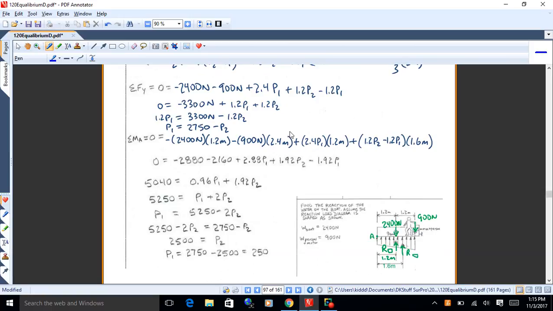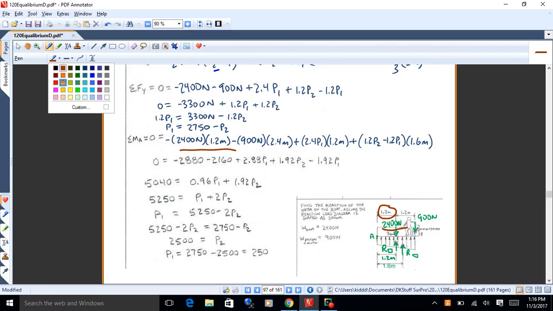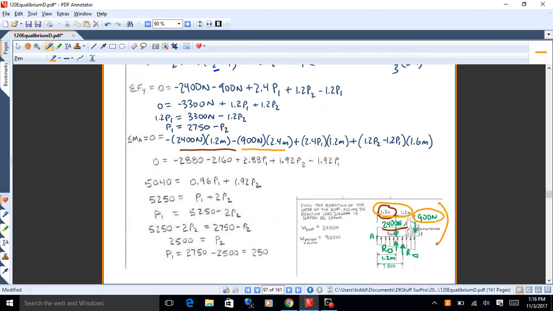So we'll have the 2400 times the 1.2. And then we'll have the 900 times 2.4. Those are both minus because they're coming around clockwise about A.